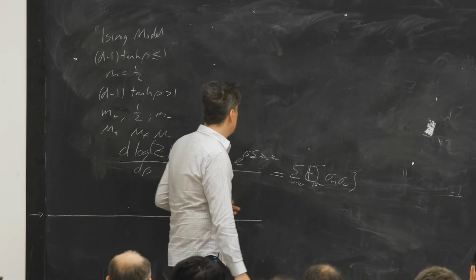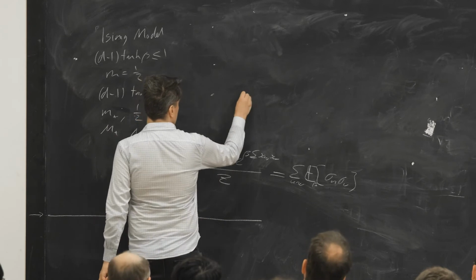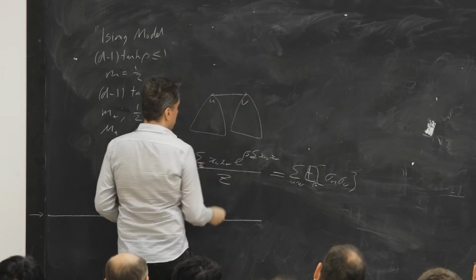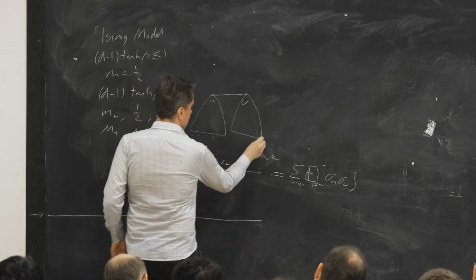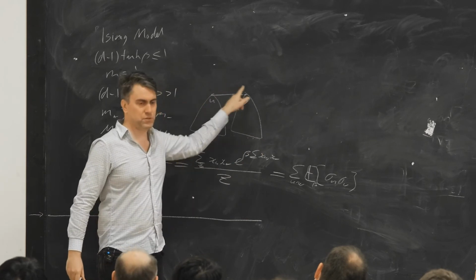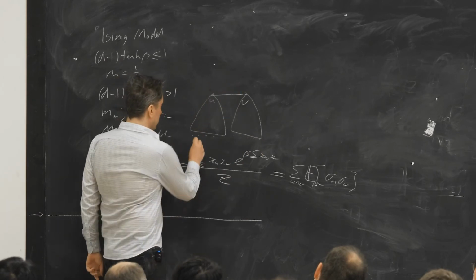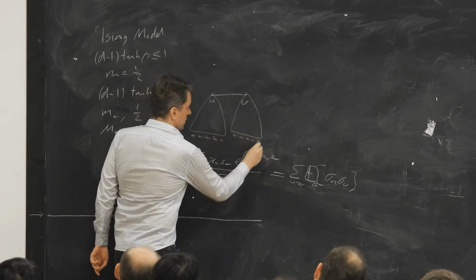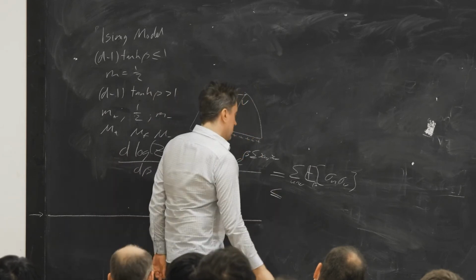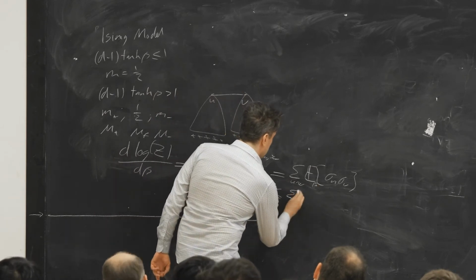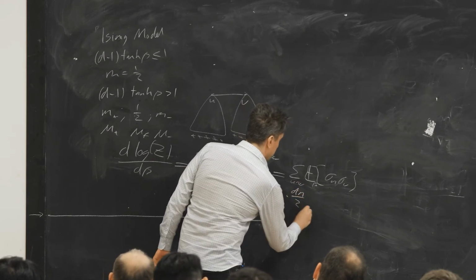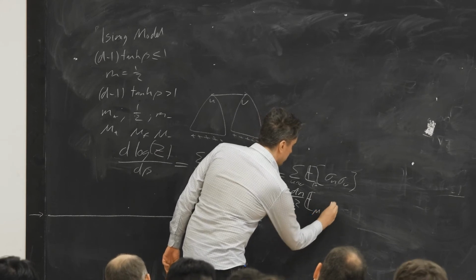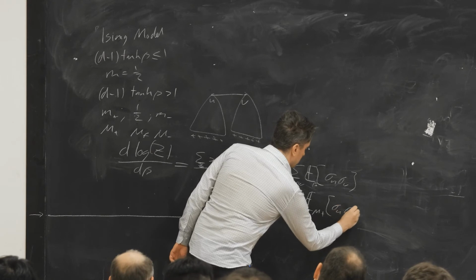Well, it turns out that if I have a vertex u and v, and I want to put boundary conditions here that make them as likely as possible to be equal, then the best thing to do is just take the boundary condition to be all plus. So this is upper bounded by dn over 2 of the expectation under the plus measure of sigma_u sigma_v.